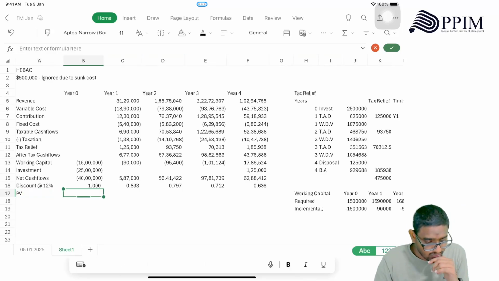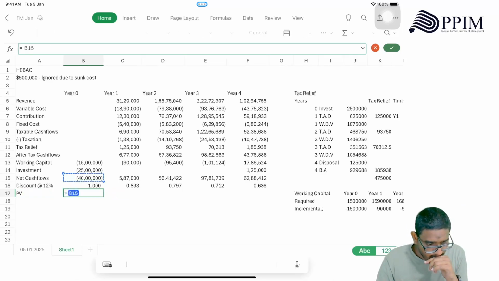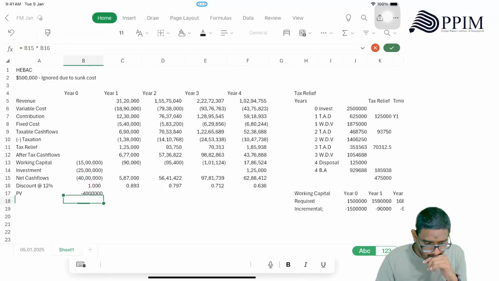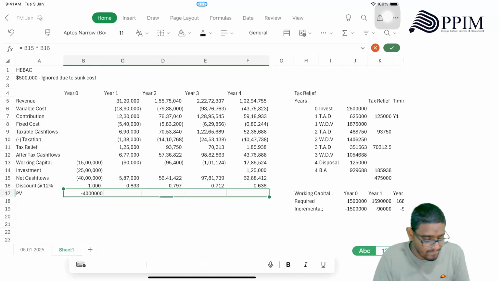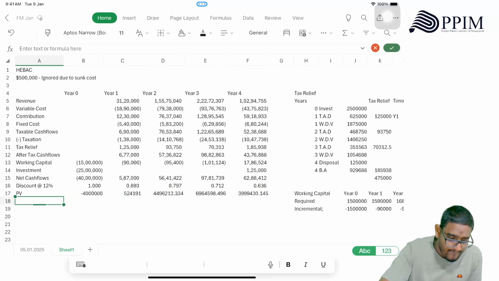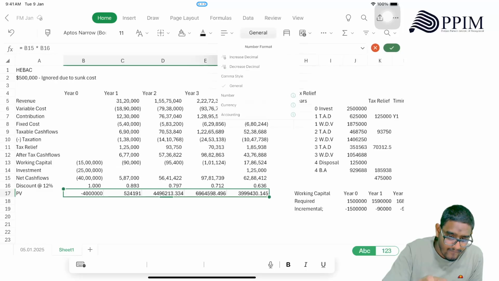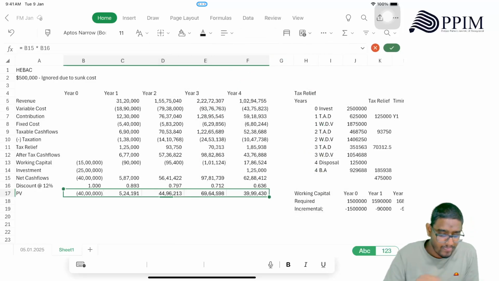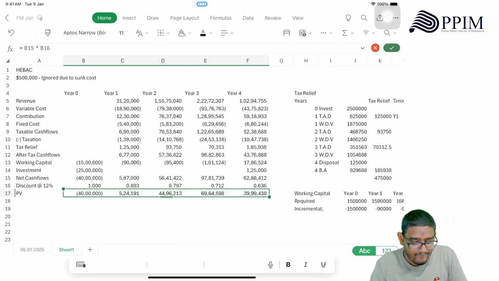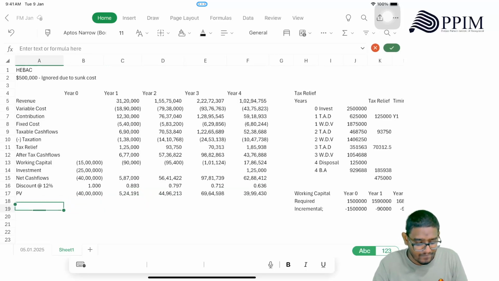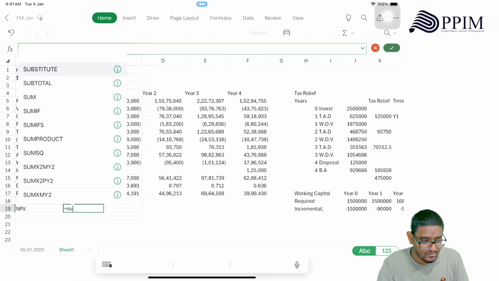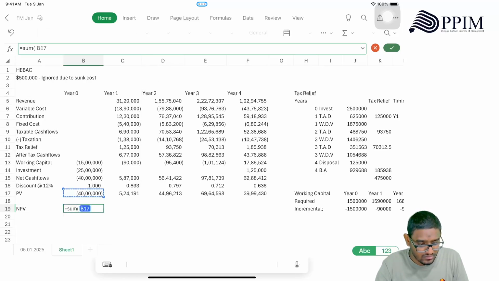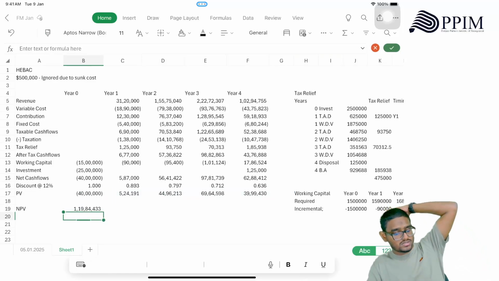Then present values. Therefore, your NPV, let's do the sum. We get 1,198,443. Got that?